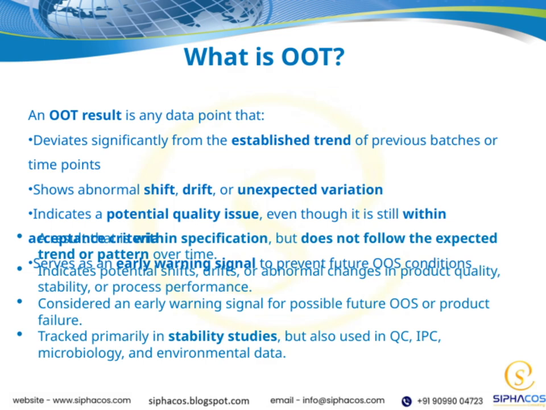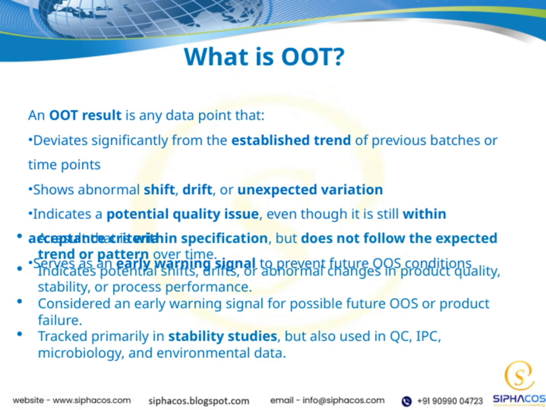An out-of-trend, or OOT result, is any data point that deviates significantly from the established trend seen in previous batches or measurements over time. It might show an abnormal shift or drift, or unexpected variation, even if it still falls within the acceptance criteria. The key point here is that OOT results serve as early signals, alerts that something might be amiss before it actually causes an out-of-specification, or OOS, condition.